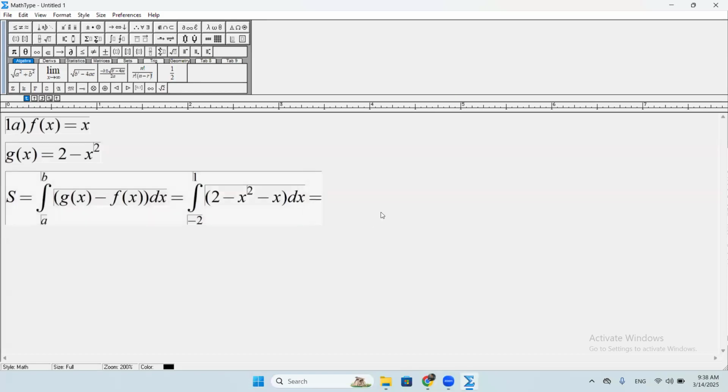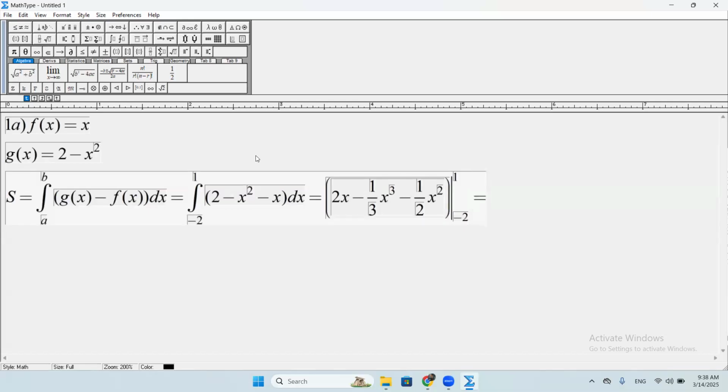Okay, continuing. So now we can integrate this function: 2x minus 1 over 3 x cubed minus 1 over 2 x squared, with the substitutions from -2 to 1.